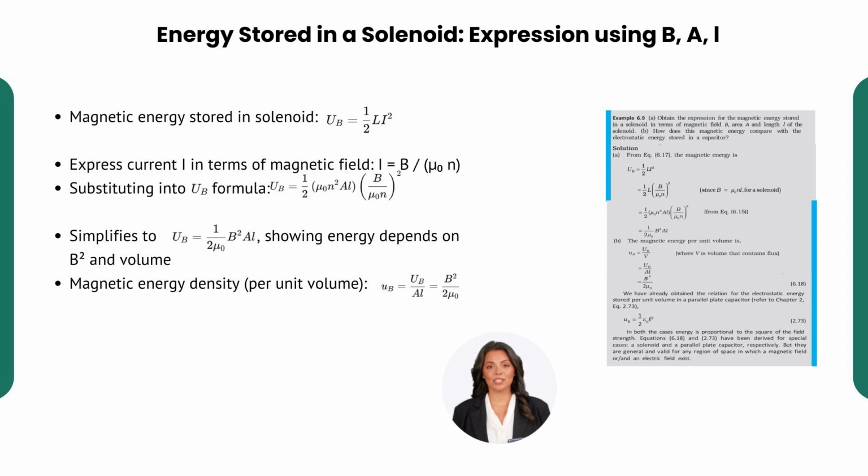This final expression tells us the energy stored equals magnetic field squared times volume A times L, divided by twice mu0. Put differently, the energy density, energy per unit volume, stored in the magnetic field is U subscript B equals B squared over 2 mu0.